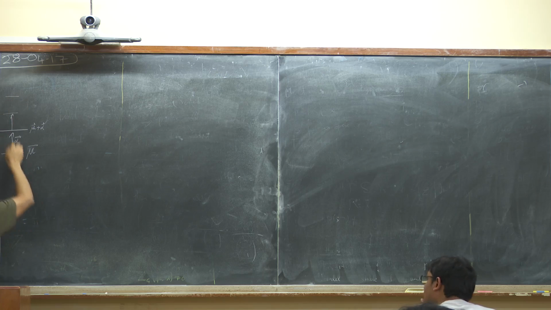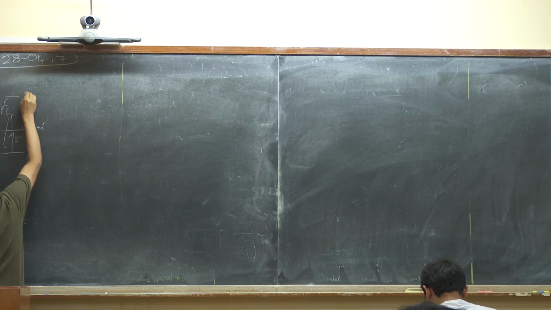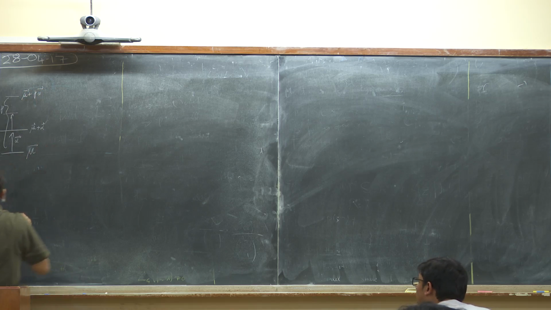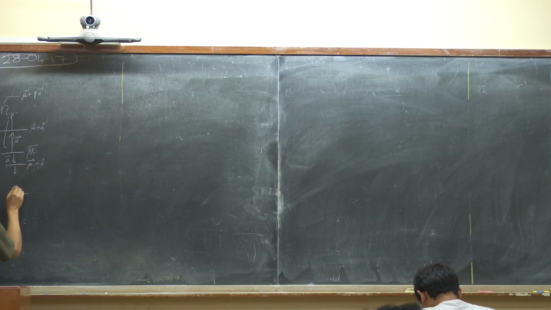So the tower had a height of p, and that was the last guy. And it could also go below, minus alpha, and it had a depth of q.